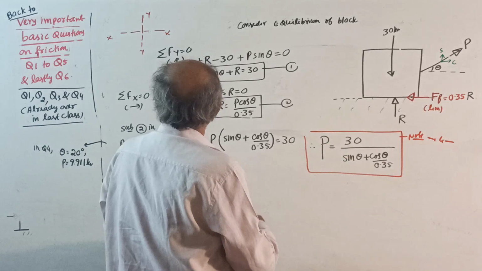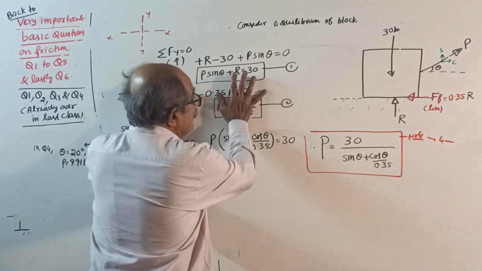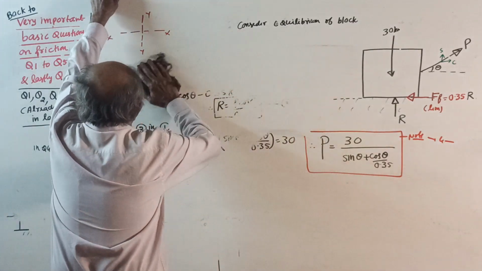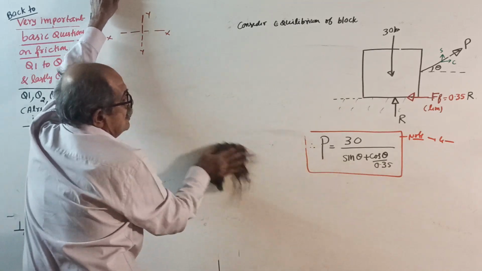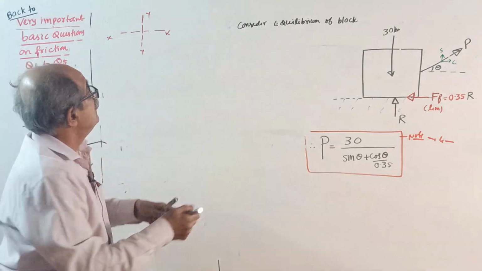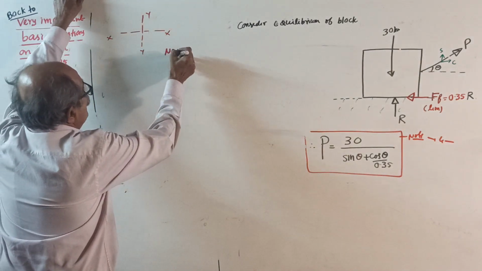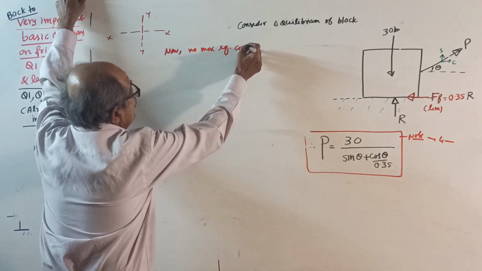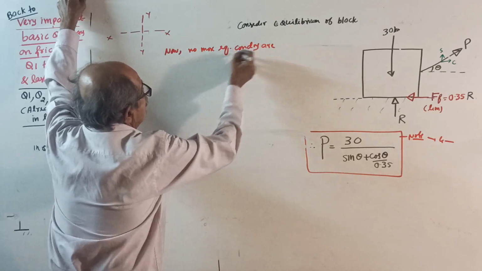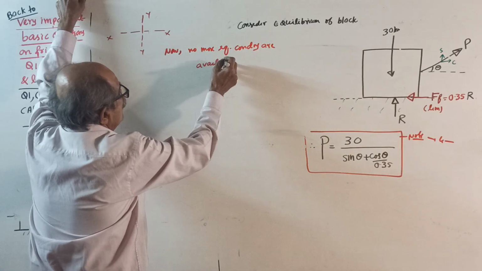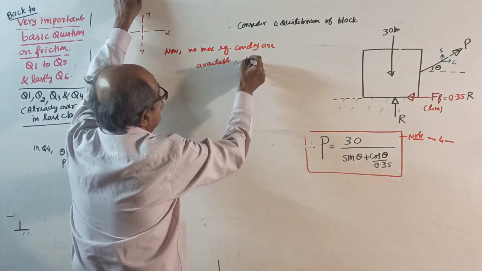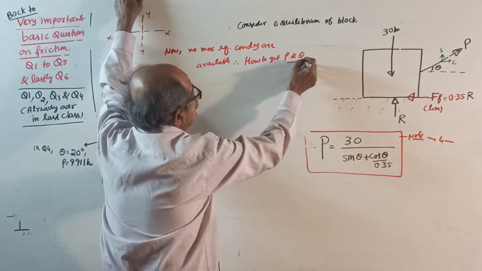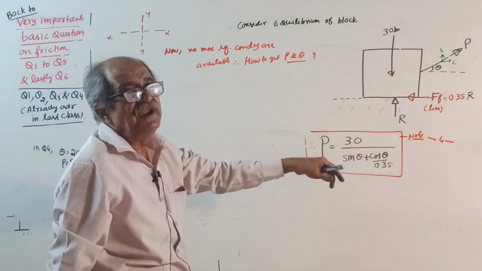Now this is very important. How to find theta and P? Make a note. No more equilibrium conditions are available. That's all. Therefore, how to get P and theta both? The problem is, only one equation is there.